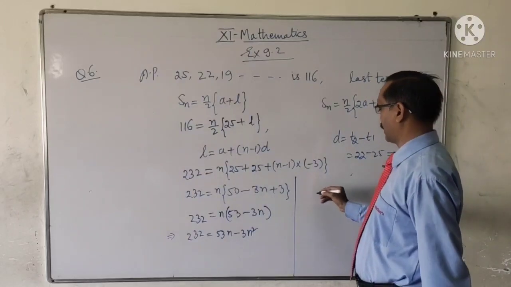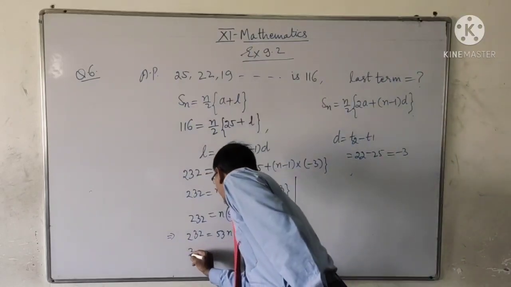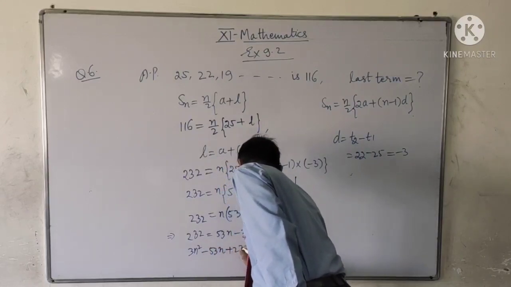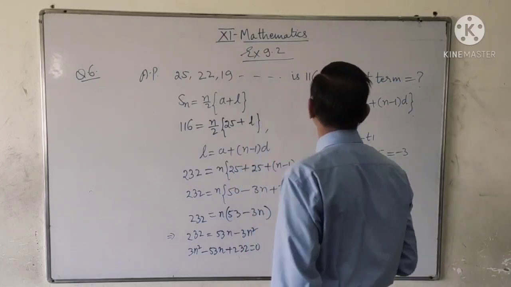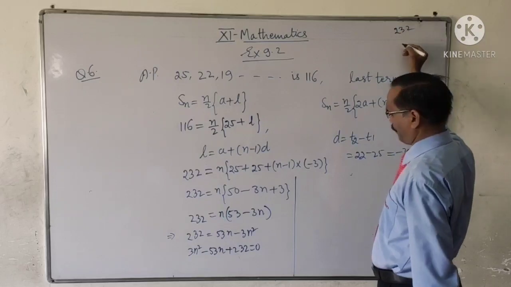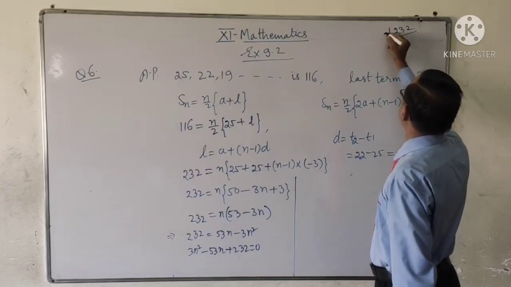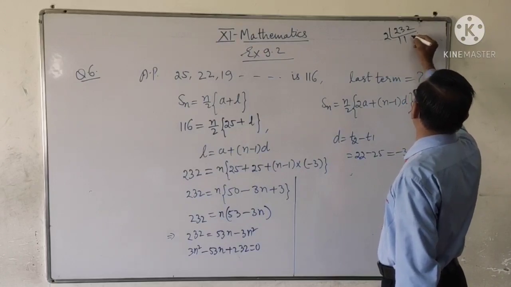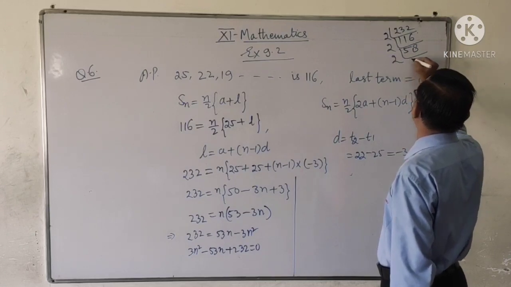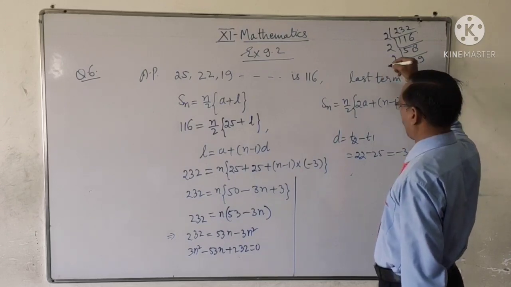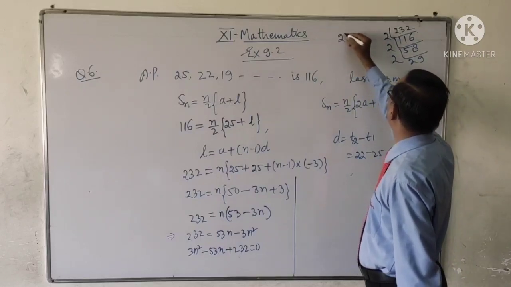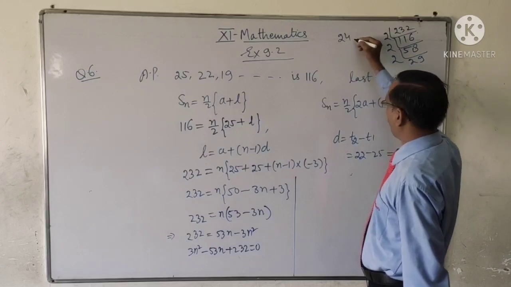Then it is 3n square minus 53n plus 232 equal to 0. Now we will factorize this. For 232, divide by 2, we get 116, again by 2 we get 58, again by 2 we get 29. Now 3 is also there, 8 times 3 is 24, and 29.